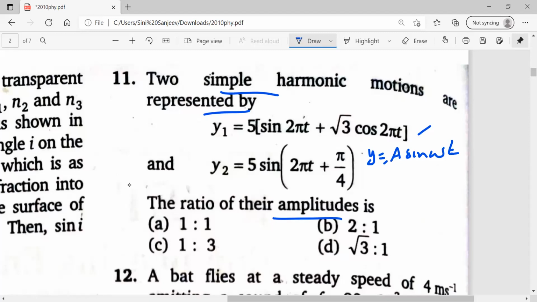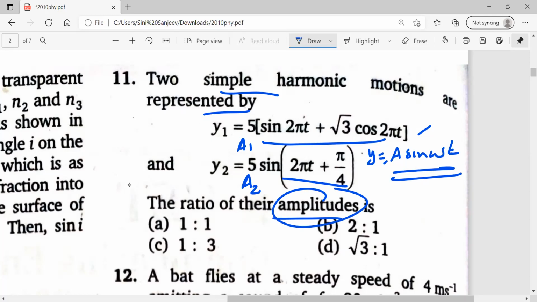For the second equation, it is showing a2. This is a1 and this is a2. So this is showing a2 sine omega t. That is fine. But what about our first equation? It is something like sine x plus root 3 cos y. I have to bring it to the form y equal to a sine omega t or a cos omega t. Why? Because I have to find the ratio of their amplitudes, a1 by a2.